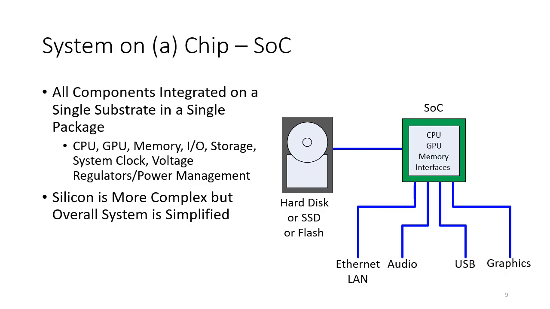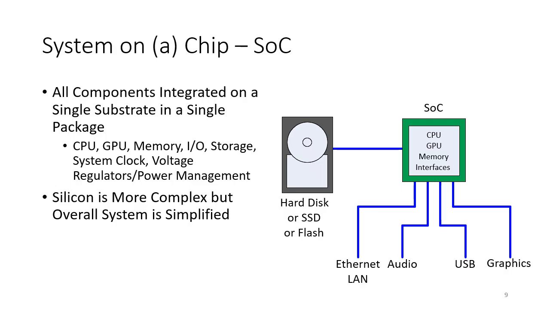So this is what we see today on smaller embedded systems, and also this is an example of, from the previous slide, what your current system might look like. It's what we call system on a chip, particularly for embedded computers and smaller devices, often those from ARM. ARM Holdings have various designs which you can get chips made against. In this case, all the components are integrated on a single substrate in a single package.